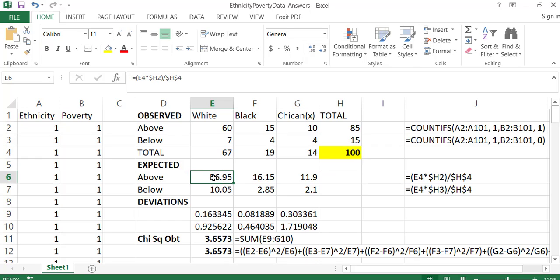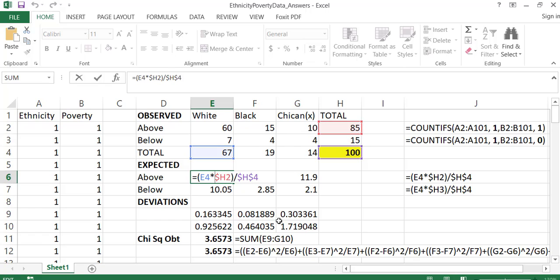For the expected values, we talked about this in the other video. That is going to be the row total times the column total, and then we're going to divide by the total. Now what I've done is I've made this code so that I can copy it a little bit.